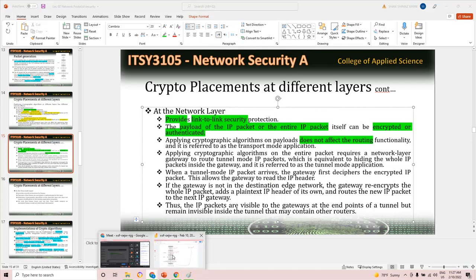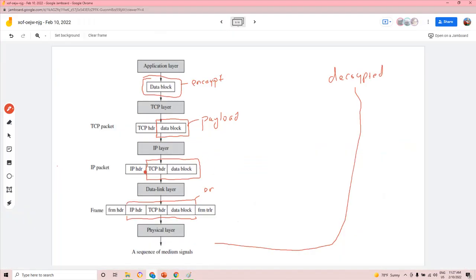Now I will explain. Students, see here. When the TCP packet or segment comes to the IP layer, it is called an IP packet. This is the payload, and this payload can be encrypted. This is one option.